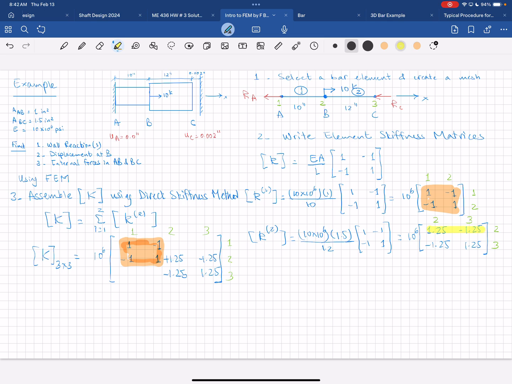So these elements here from the second matrix came here. For all the cells that do not have entries, we're simply going to put zeros, and I have 2 of them.